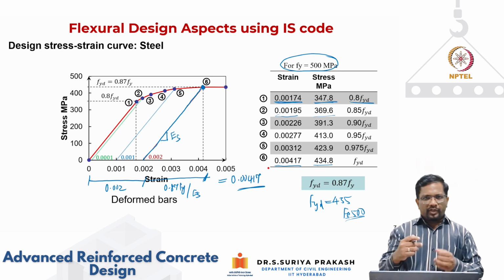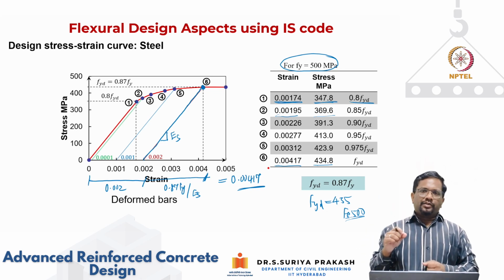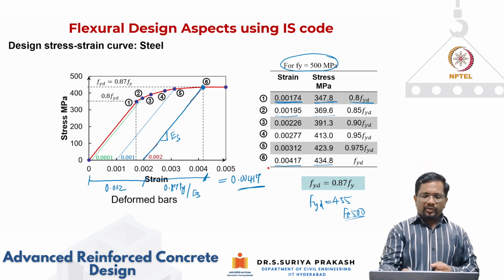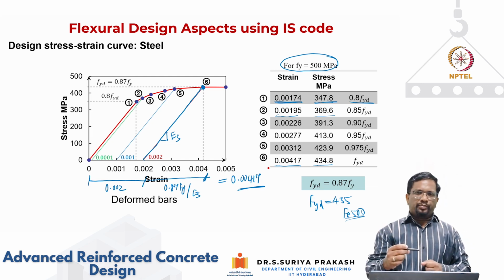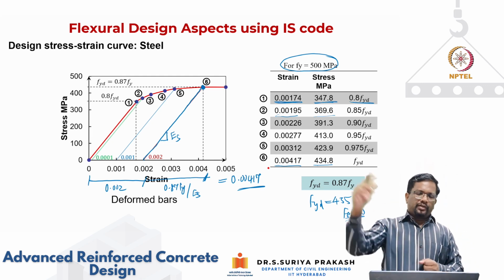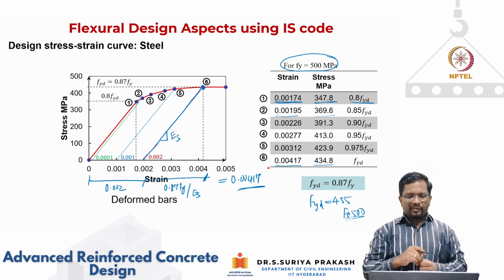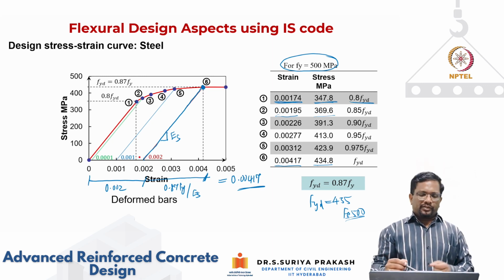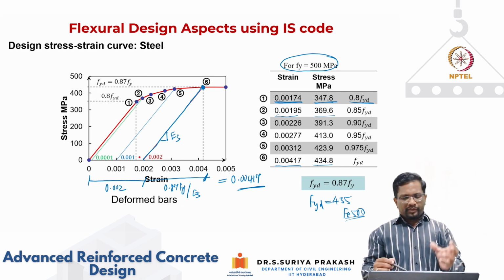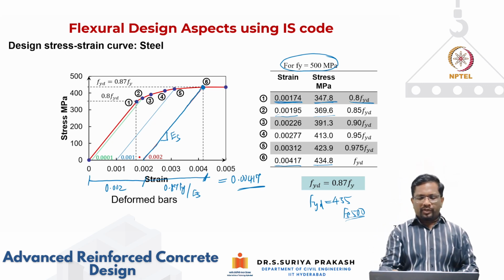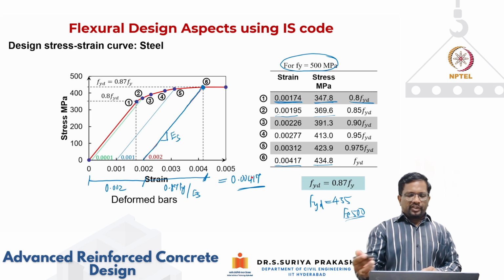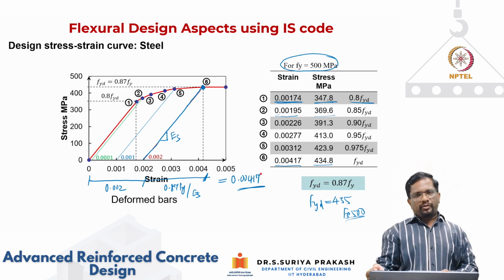Because for a deformed steel rebar, yielding is not very well pronounced, unlike mild steel, you have to take the 0.2 percent strain and draw a parallel line with the slope of the elastic modulus, and wherever that hits, that is your design yield stress, which is 0.87 Fy. So you can calculate the strain. The strain is going to be 0.002 plus 0.87 Fy by Es, which is 0.00417. Of course, with a change in your grade of steel, this value is also going to change.